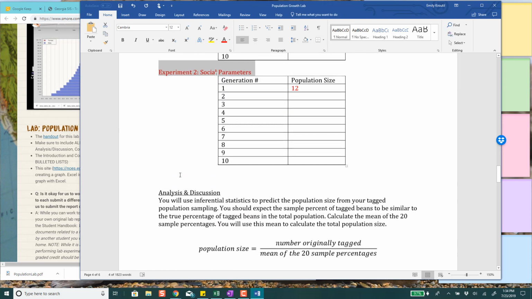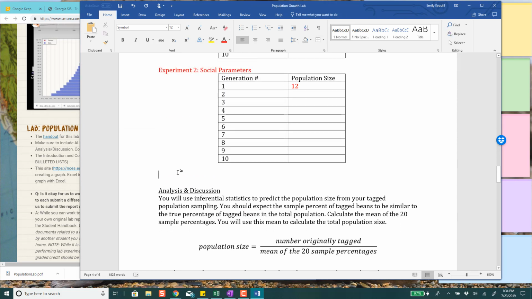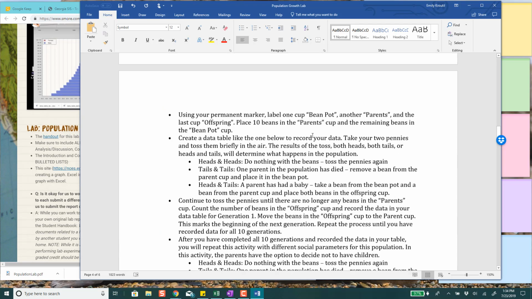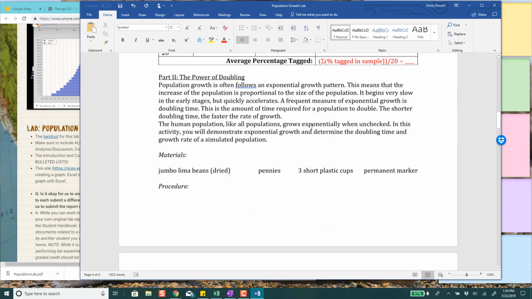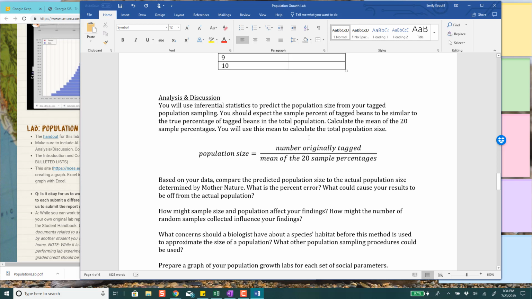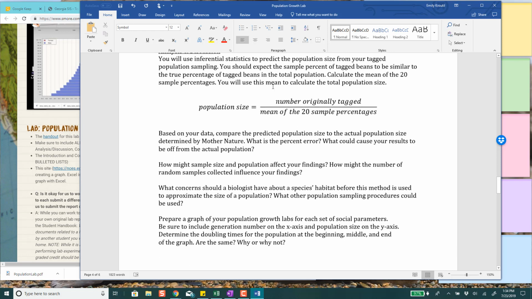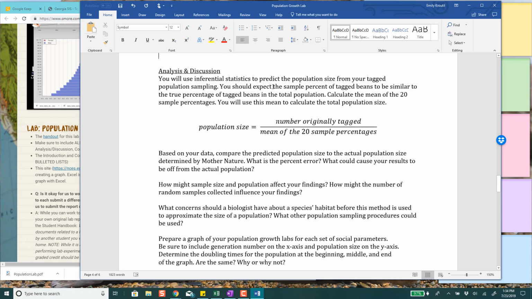Now that you've gotten your data, you should have this data table full and this data table full and this data table full. Now that you've done that, we can do the analysis and discussion section. This is what will be in the analysis and discussion section of your lab report. We're going to use some statistics to predict the population size from your tagged population sampling.